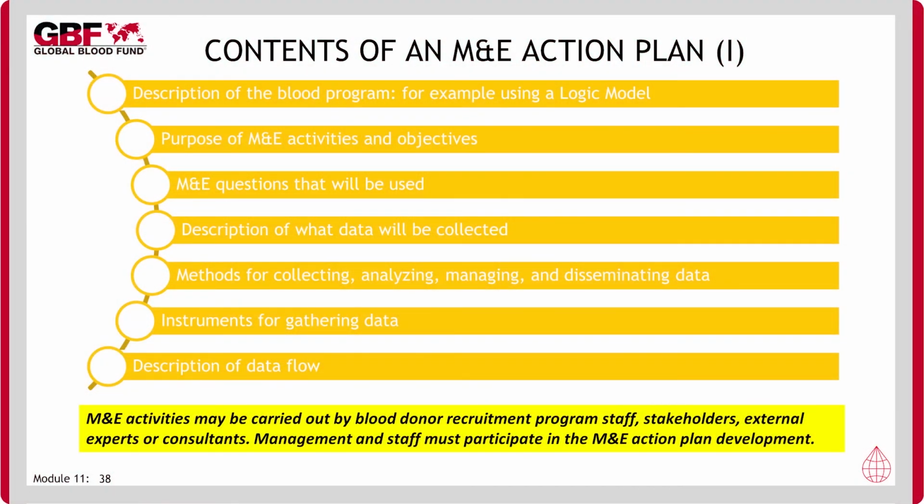There are various components that need to be reflected in an M&E action plan, many of which we have already examined. There is a need to properly describe the program using your preferred tools and reflect on the purpose of M&E activity and the questions to be used. The other aspects to include are a description of what data will be collected, methods for collecting, analyzing, managing, and disseminating this data, instruments for gathering data, and description of data flows.